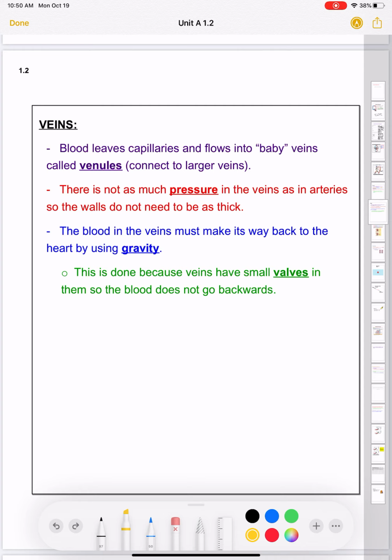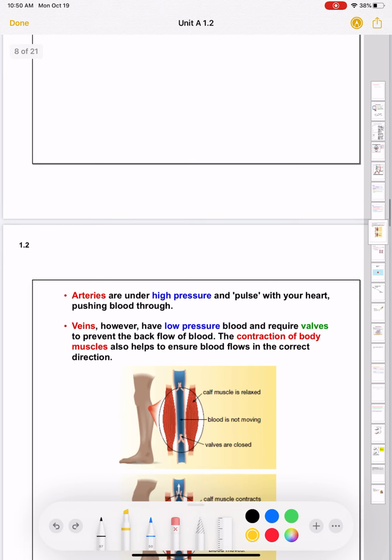This is done because veins have small valves in them so that the blood does not go backwards. So I don't think they're necessarily using gravity. They're actually going against gravity. But I guess gravity's trying to pull them down, but those valves are definitely holding them so that they can go against gravity.